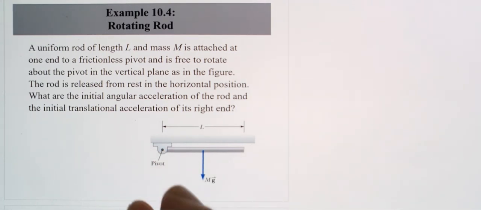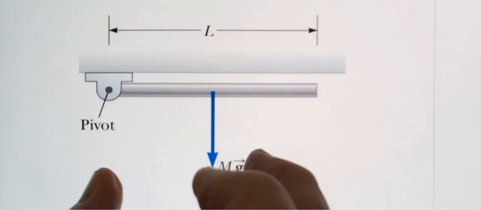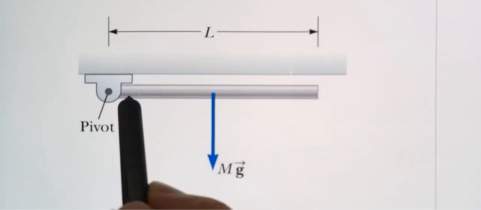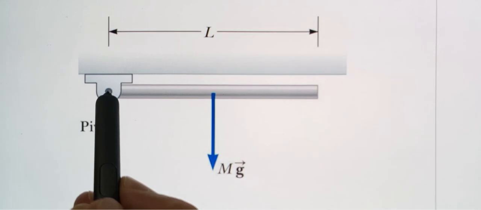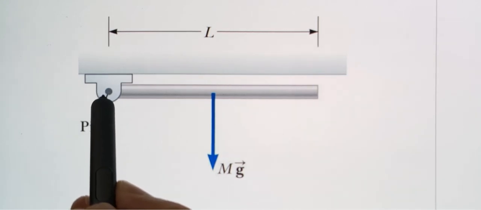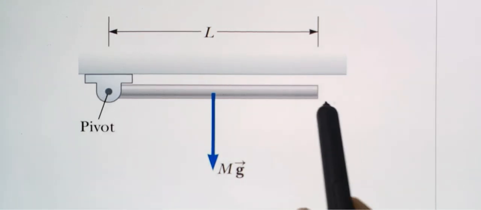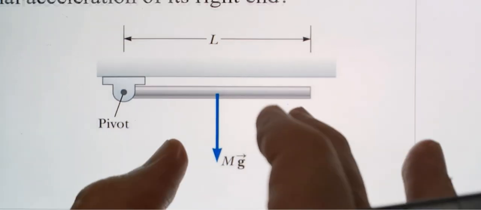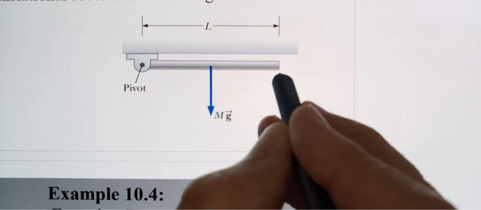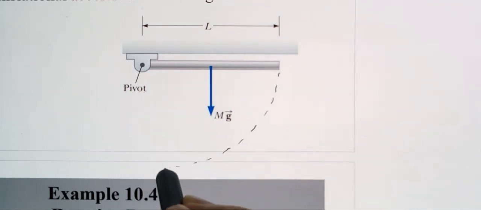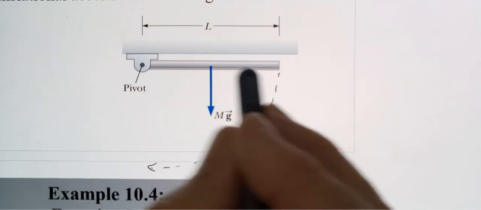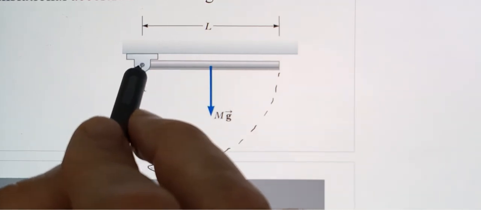Okay, now what is the problem? We have a rod, and we have a pivot here, and we let this rod fall freely. That means we will have an angular motion, because from here it cannot move.